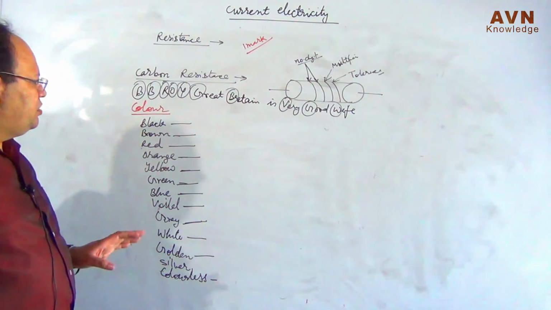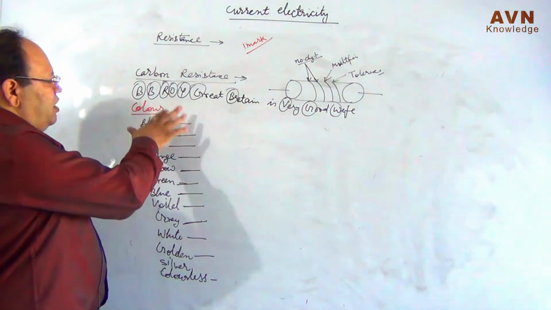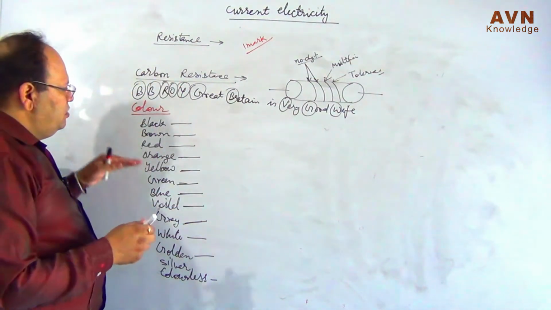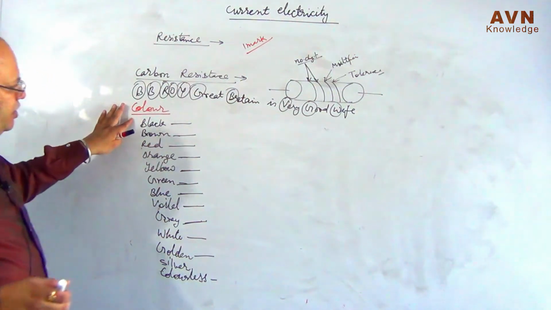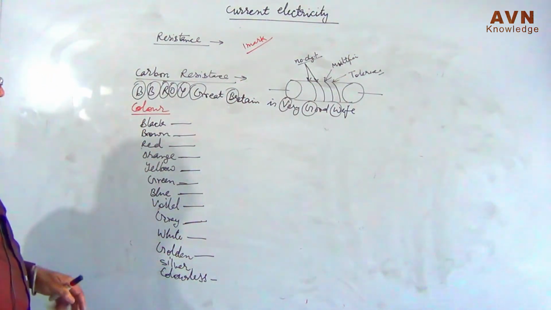The color sequence is the dark color first, then light color, and last colorless.